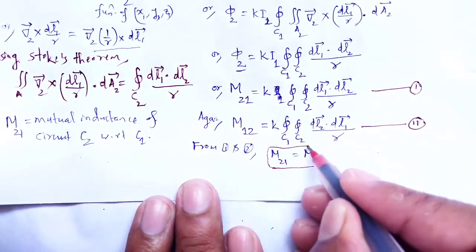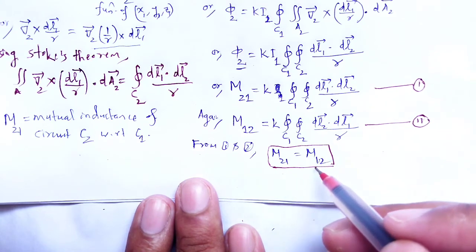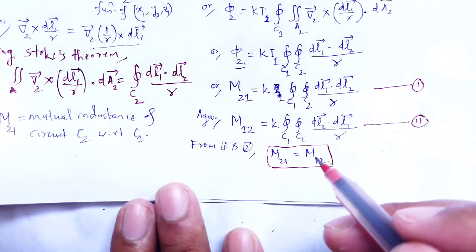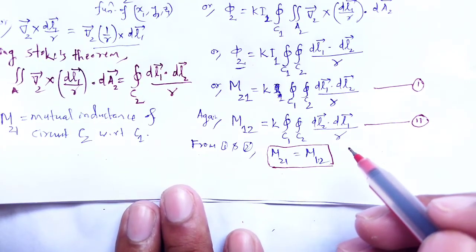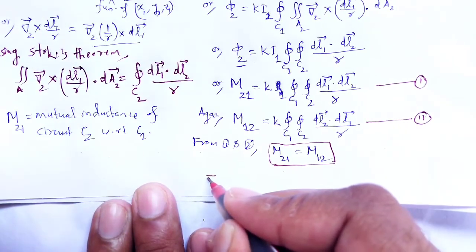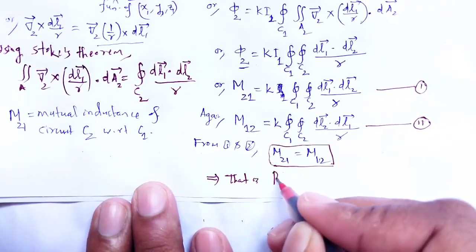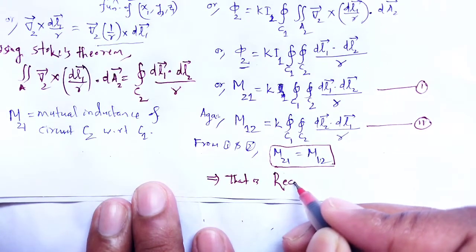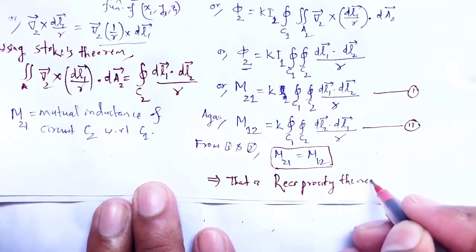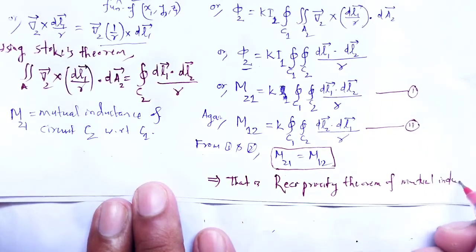Mutual inductance of circuit 2 with respect to circuit 1 is equal to mutual inductance of circuit 1 with respect to circuit 2. That result is known as the reciprocity theorem of mutual inductance.